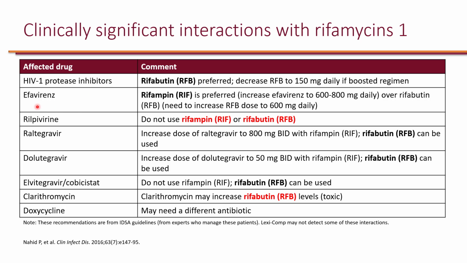Efavirenz is an inducer, so for efavirenz, rifampin is actually preferred over rifabutin because rifabutin itself is a substrate of CYP3A. Rilpivirine, which is a substrate of CYP3A, cannot be used with rifampin or rifabutin. With raltegravir and dolutegravir, you can actually increase the dose of either with rifampin, or alternatively, you can use rifabutin and use the normal dose with these two, so that's manageable.